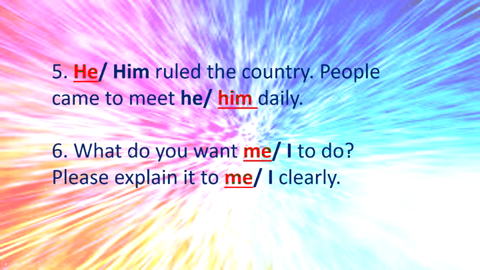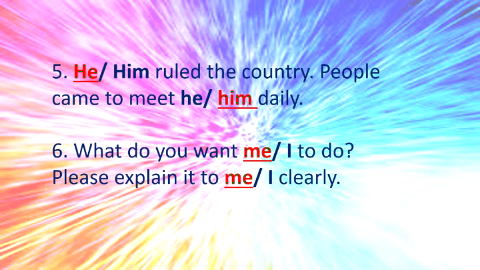Number 6. What do you want me to do? Please explain it to me clearly. So here, me at both the places is your first person personal pronoun at object place. Okay?